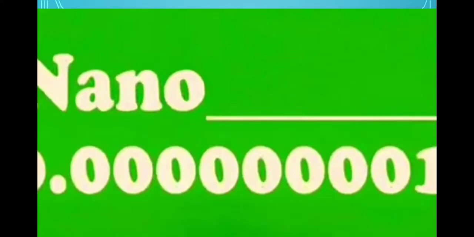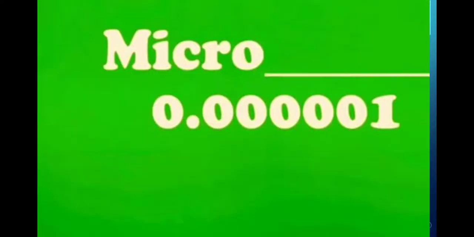Starting with femto, which makes unit as 10 power minus 15, smaller than the pico, which is 10 power minus 12. Nano, which is billion times smaller than the base unit. Micro, which is million times smaller. Milli is 1,000 times smaller. Centi is 100 times smaller and deci 10.